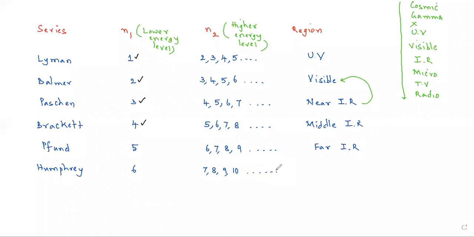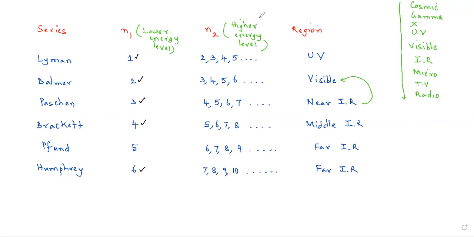Then finally we have something called the Humphreys series. So from any higher energy level to the sixth orbit, whenever electrons get de-excited, you get spectral lines in the Humphreys series. Even the Humphreys series is observed in far IR region. Same thing.